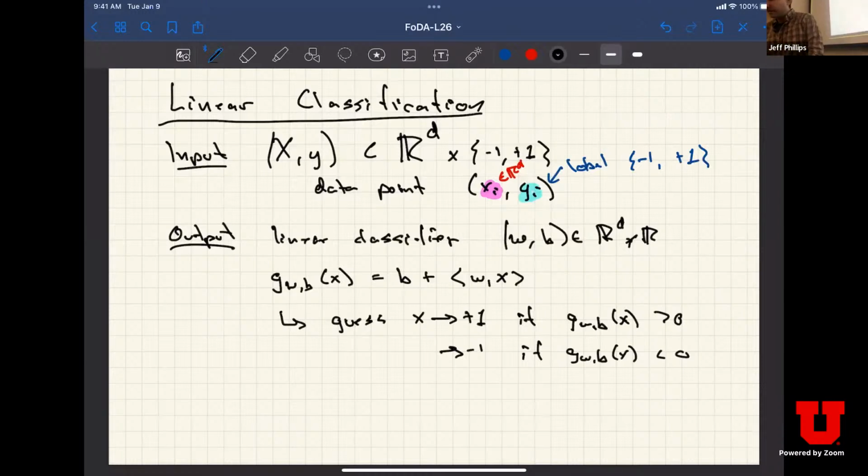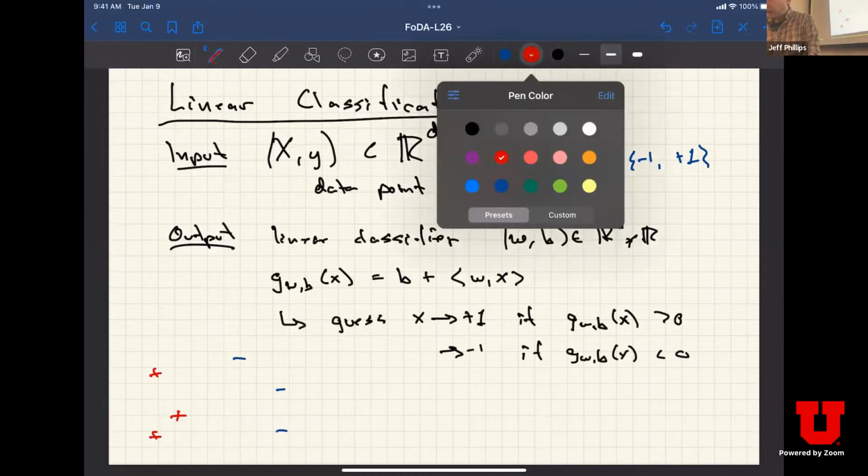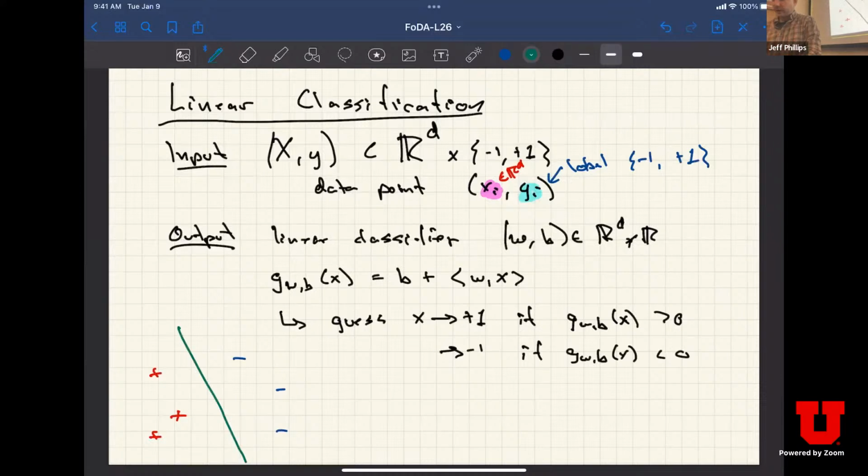Okay, so here's the picture I promised. We'll draw more versions of this picture later. But you have points. These are the locations of your points, X's, and then the labels are minus or plus ones. And then you're going to infer this classifier, where the decision boundary, where it switches from a plus to a minus value, will be determined by, so always a line.